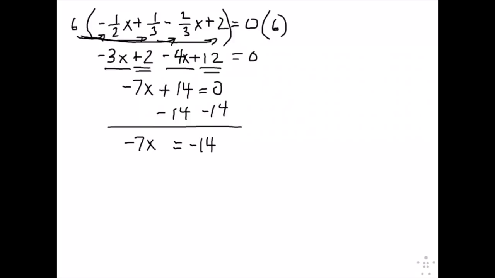And then I can divide both sides by -7, and we get x equals negative divided by negative is +2. And at the end of the test, I would go back and substitute into the original and make sure I get the same value.